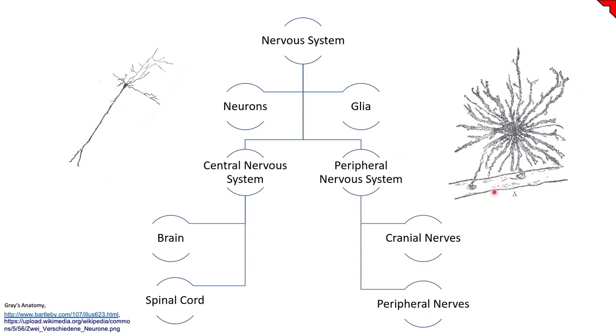Then ependymal cells that line the spinal cord and the ventricular system of the brain, and the microglia, which are actually involved in the neuroimmunology of the brain, and are kind of specialized macrophages.